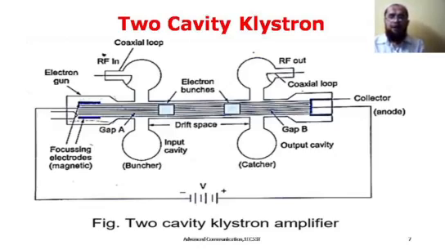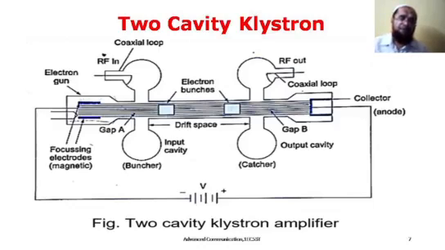Here we have the electron gun, it's basically a tube. You should remember that we are generating the microwave frequency in vacuum tubes. It's a tightly packed glass tube.